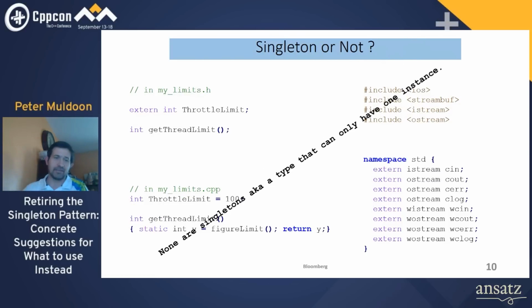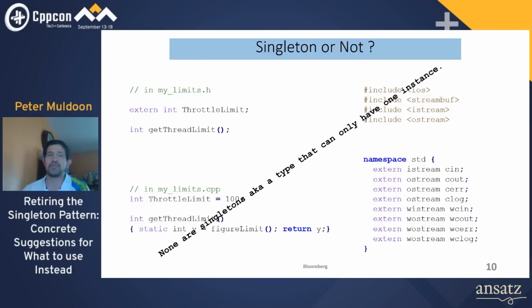So in actual fact, none of these are singletons, and I will explain briefly why. So throttle limit is an int. Get thread limit is returning an int. And cin and cout are ostreams. I can create my own versions of these. There is no obligation to use the int that comes from get thread limit, for instance.